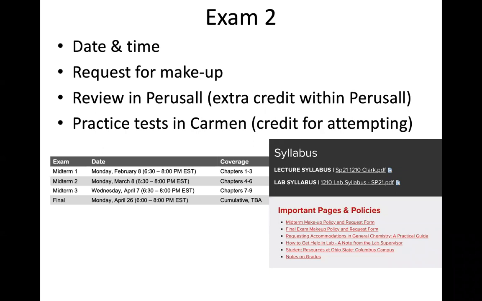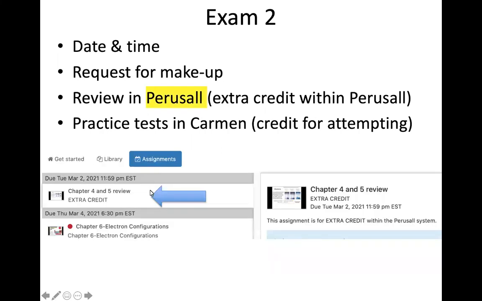As far as getting ready for the test, bringing together ideas, I've got a couple resources to point out to you. First is the review that I've posted in Perusal. I've listed that as due at midnight this evening, and I'm going to be providing extra credit within the Perusal program for that. I had to put it somewhere, and I don't know if Tuesday is the best time slot.